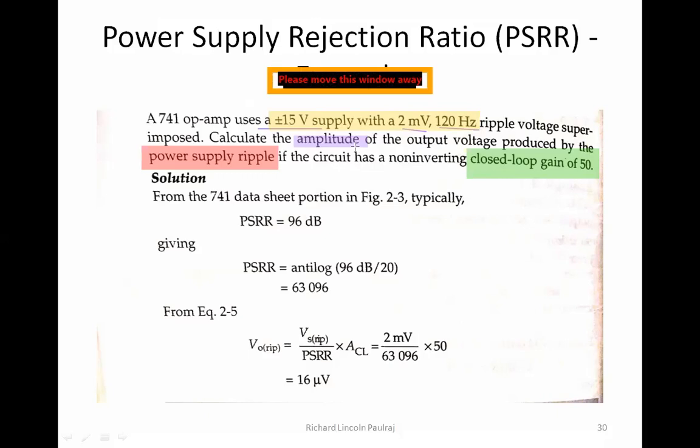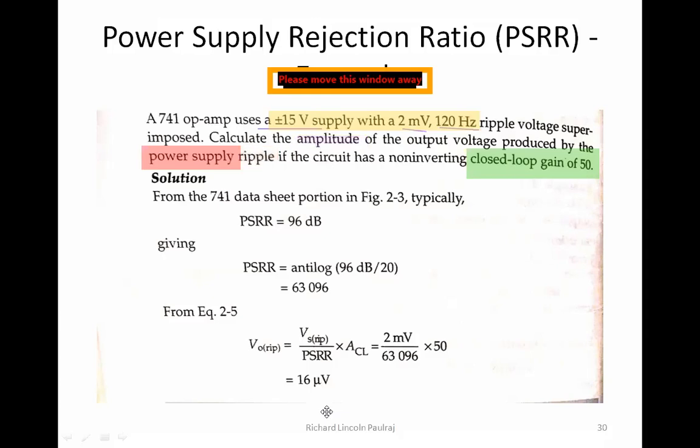We have seen what PSRR is, right? Can someone help me with it? Asking the formula or the definition, you can tell me. It is a measure of how effective the amp is in dealing with variations in supply voltage.